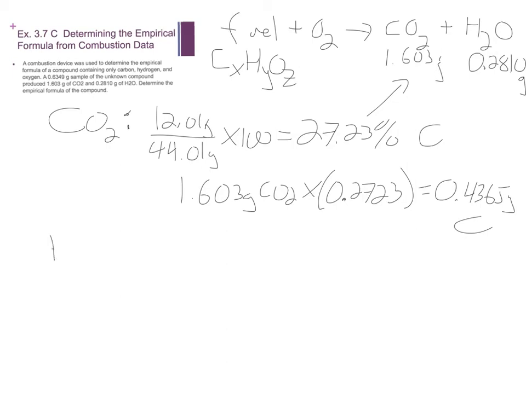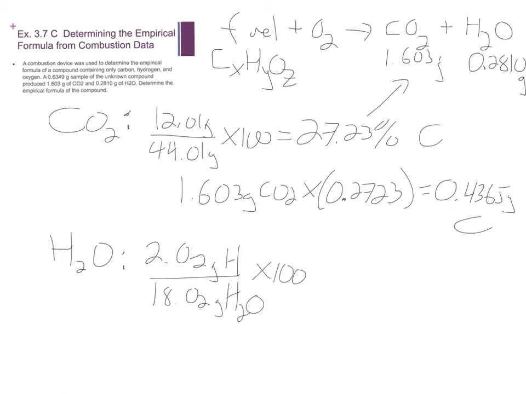The water is going to be the same thing. Now there's two hydrogens here because that's what we're after. So there are 2.02 grams of hydrogen in every 18.02 grams of water. All right, times 100%. That gives us a percentage of 11.21% is hydrogen.